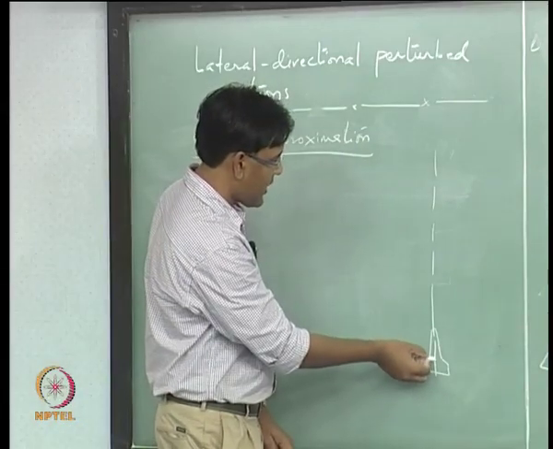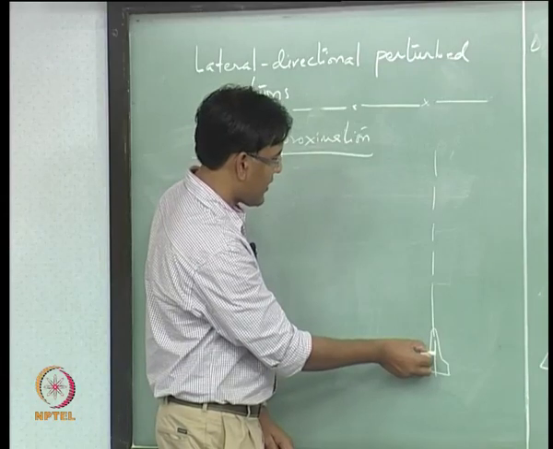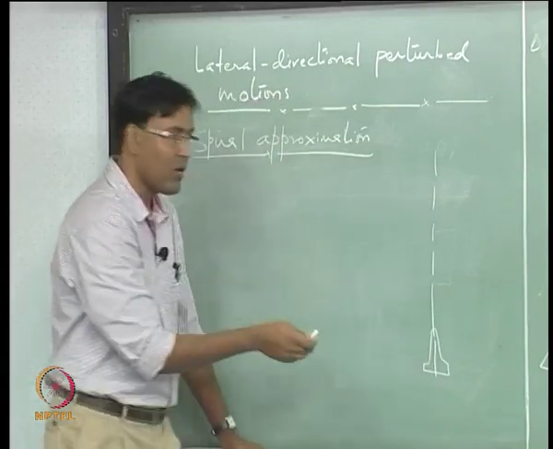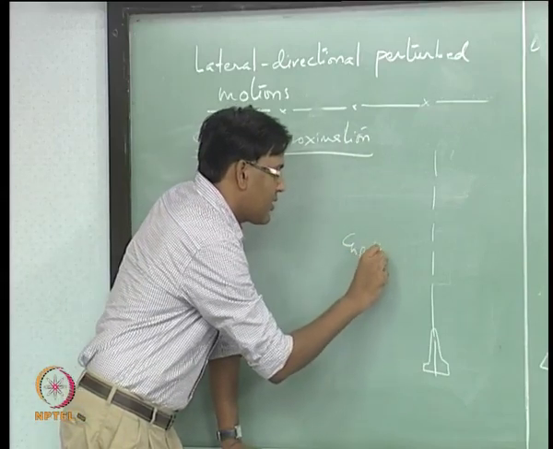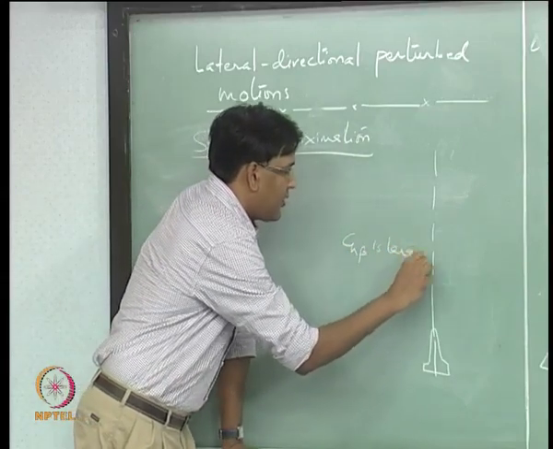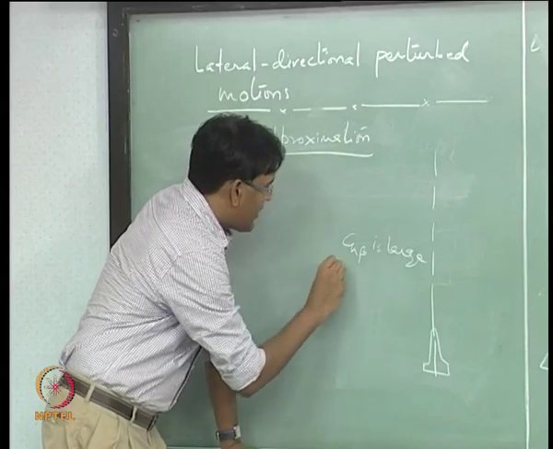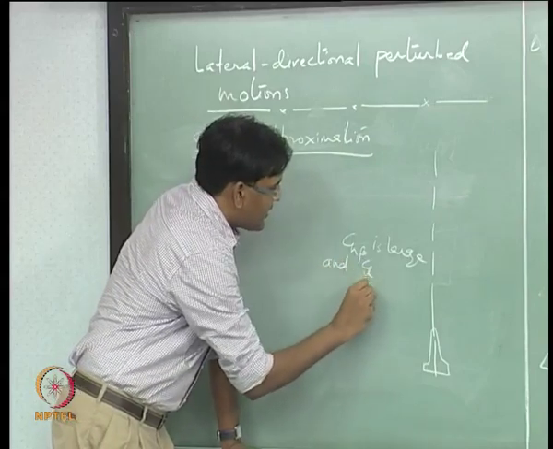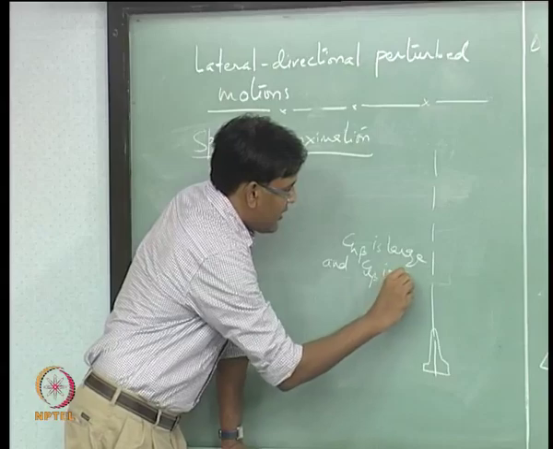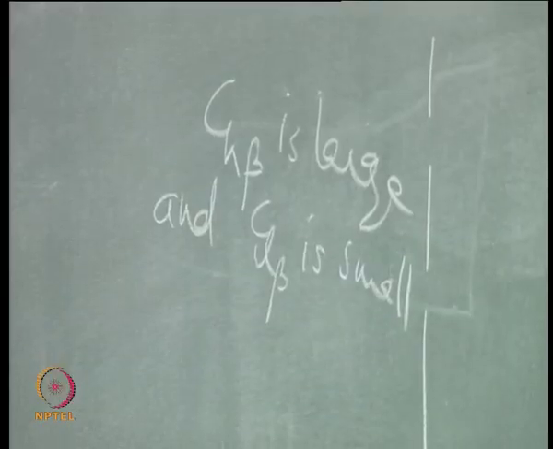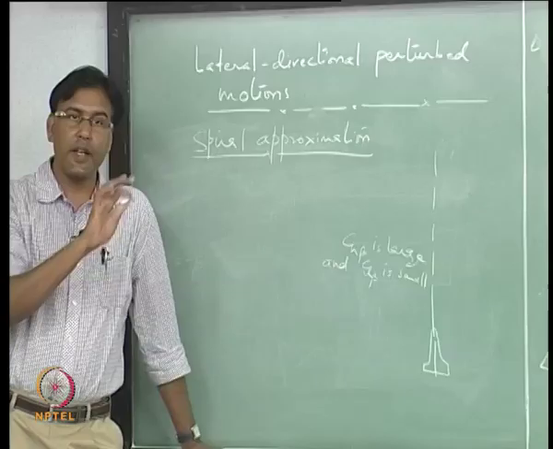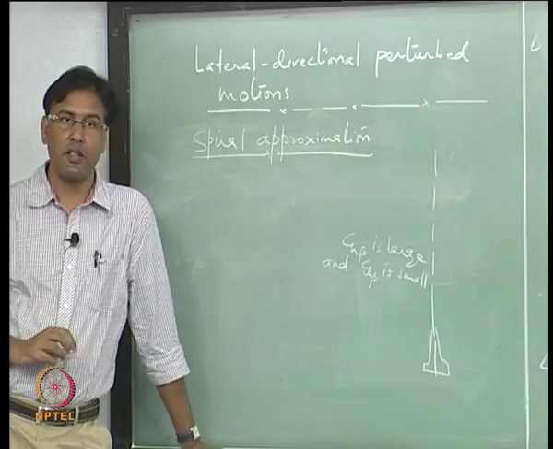What the aircraft does is, this is when Cn beta is large and Cl beta is small, okay. But both of them are providing you stiffness, okay.